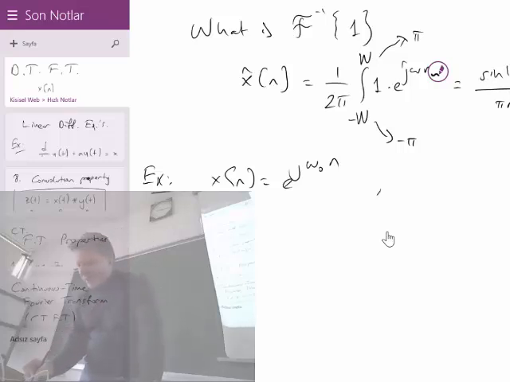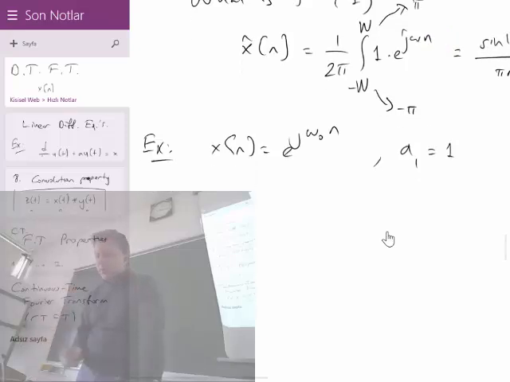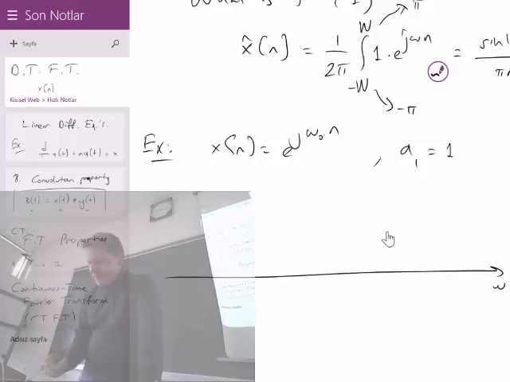So we say that a1, let's call it, is equal to 1. Isn't it? It's only a single harmonic. There are no other harmonics. So what we need to do is draw an axis of frequency and indicate what that omega 0 is. Let's assume that omega 0 is here.